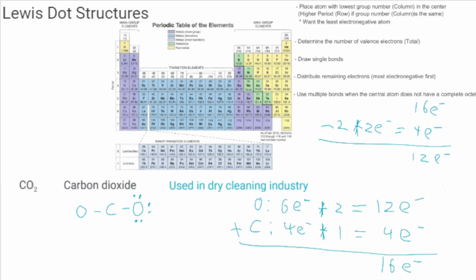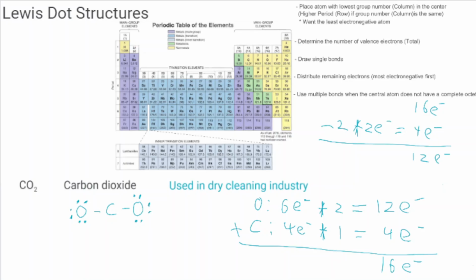Now I can go on to the next one. 7, 8, 9, 10, 11, 12. Alright, so we've used up all of our electrons, and this oxygen is obeying the octet rule. It has 2 in the bonds and 6 dots for a total of 8.